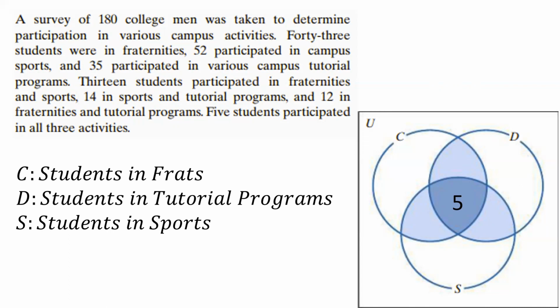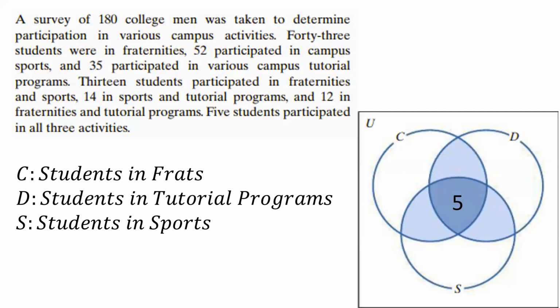And now I start to work backwards. So I don't want to focus on individual activities. Now I want to focus in on overlapping 2 activities. So let's see, working backwards, we see 13 students participated in fraternities and sports, 14 participated in sports and tutorials, and 12 participated in fraternities and tutorials. So let's see which one I do first.